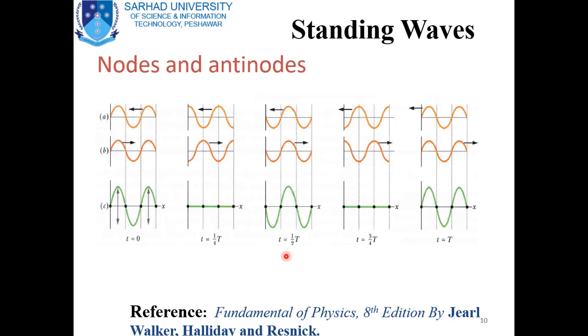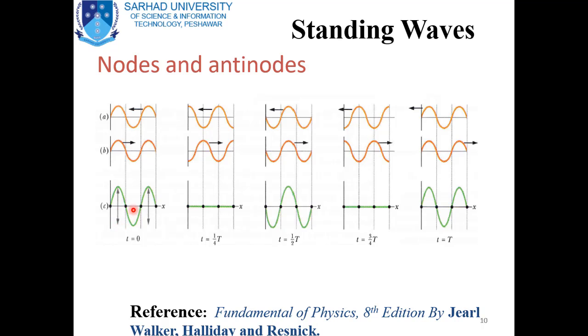And after half time the waves again meet in such a way that the crest part of one wave meets with the crest part of the second and the trough part of one wave meets with the trough part of the second. So again we have a larger amplitude of the resultant wave and so on. The vertical line represents the maximum amplitude, which is the antinode.